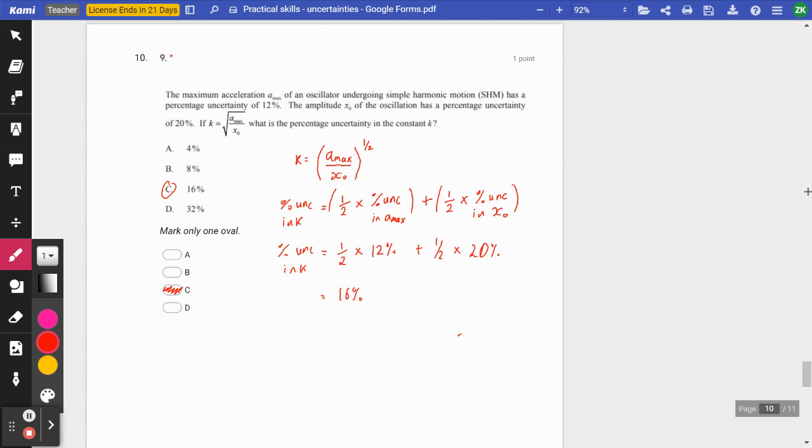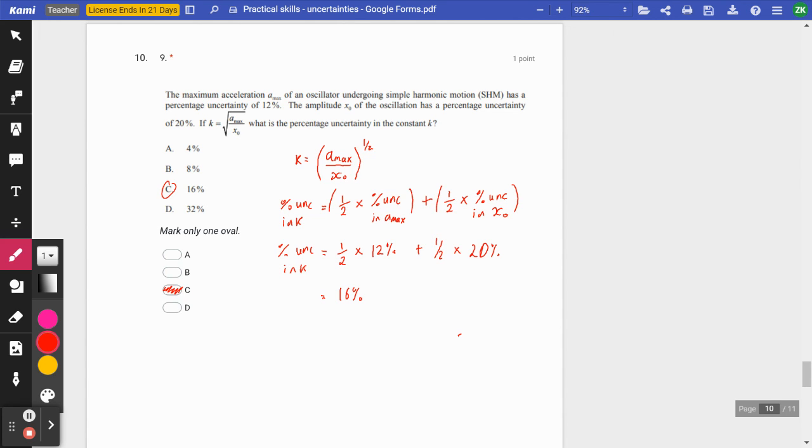So I'm just going to write that formula out with the power of a half here. And the percentage uncertainty in k is a half times the percentage uncertainty in the maximum acceleration, A max, plus a half times the percentage uncertainty in x naught. Okay, so the amplitude, that's what they call x naught.